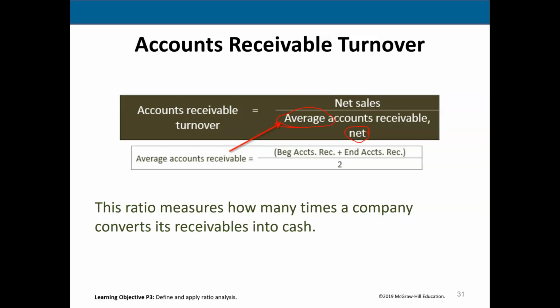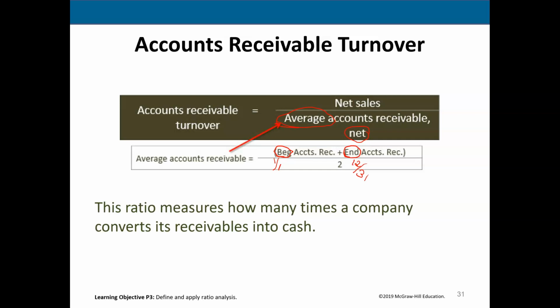So what you do is you're going to take your beginning accounts receivable as of January 1st. And then you take your ending accounts receivable, which is 12/31. Take your beginning and your ending and you divide it by 2, and that gets your average for the year.